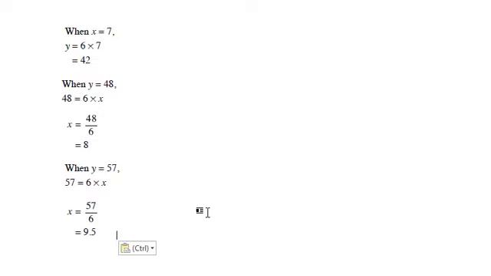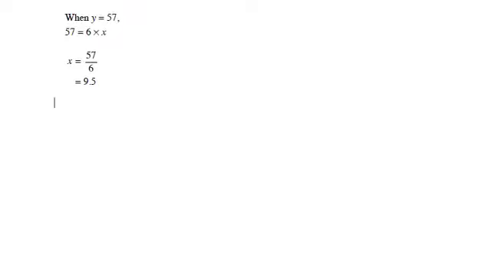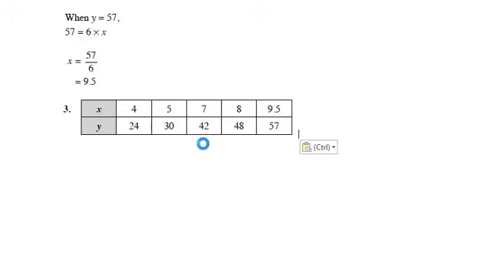If you use your calculator, then you will get the value of x is 9.5. And finally, with all the values, you have to fill up the table and write the final answer here. This way you have to write all the values and complete the table. This is the answer of 3. Done.